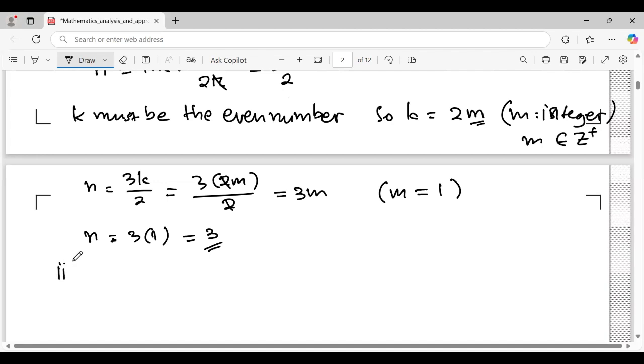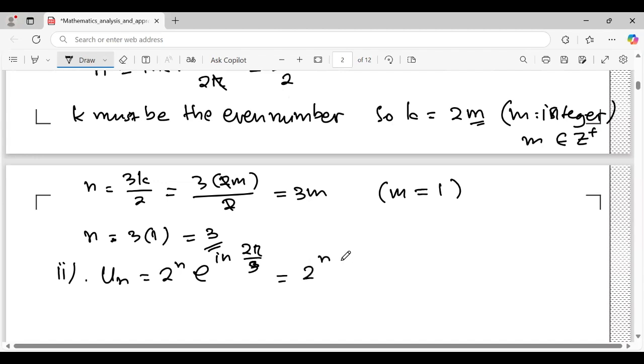Next, part 2. U power n equals 2 power n e power i n 2 pi third. This is n equals 3, right?